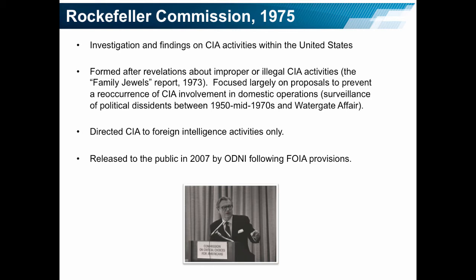It is known as the Family Jewels Report because secrets that the CIA kept totally under wraps came to the public's knowledge. The commission focused largely on proposals to prevent a reoccurrence of CIA involvement in domestic operations, such as the surveillance of political dissidents within the U.S.